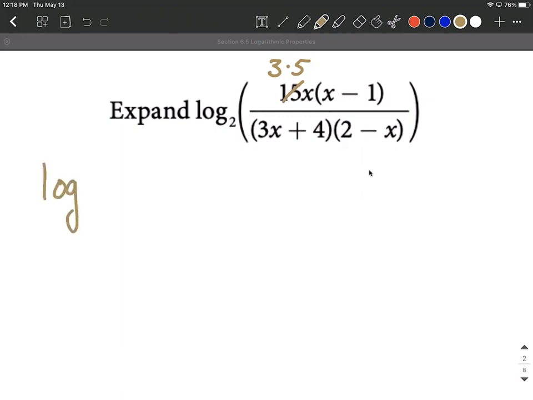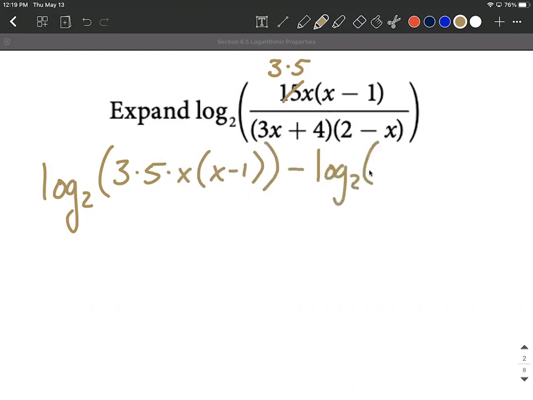But I'm going to start out with log base 2 of the entire numerator, and I'm thinking that as 3 times 5 instead of 15, times x minus 1, minus log base 2 the entire denominator, so 3x plus 4, times 2 minus x. So the numerator all went inside of one logarithm, positive out in front there. The entire denominator went inside the other logarithm, negative in front of that.